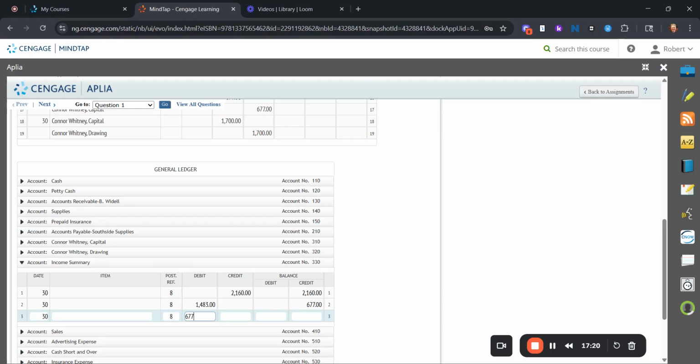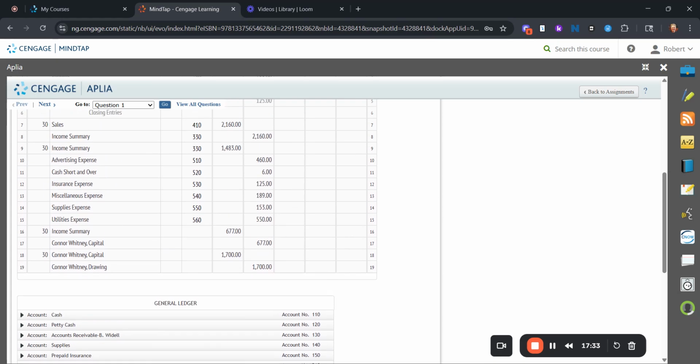Debit 677. So once we subtract, that takes care of the last bit of the 677 balance that was in there. So it closes that one account out. The account number 330. And that gets us to the capital account, 677 credit.